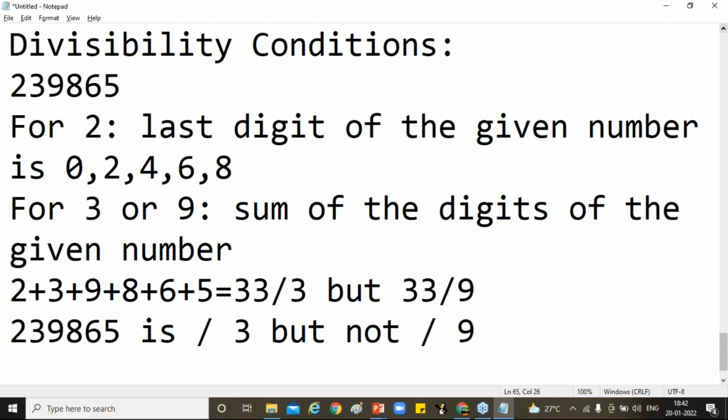The condition is the same for both numbers. If the sum of the digits of the given number is divisible by 3 or 9, then the given number is divisible by 3 or 9 respectively.